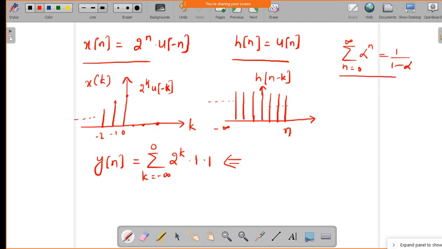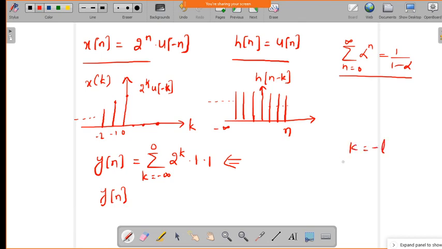This we have already done, so we have to bring the expression to this form. So I'll change the variable k to l, taking k equal to minus l.